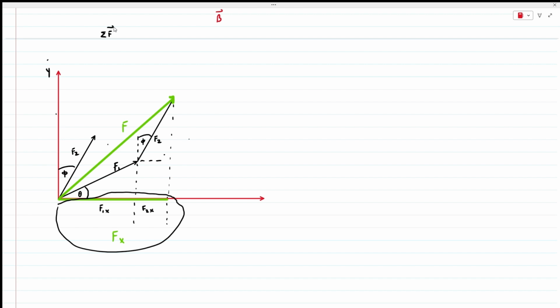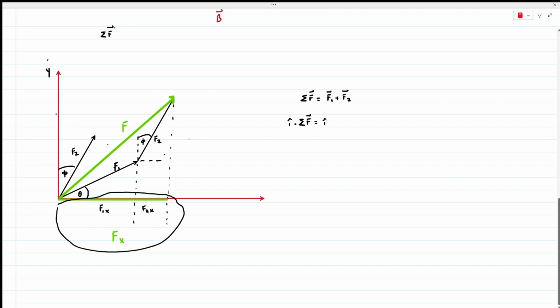If we write out exactly what we just said, the sum of the forces has to be equal to the sum of the vectors F1 and F2. What we spoke about just now is simply the equation only for the x-axis. Basically, we projected the equation in the i hat direction by taking its dot product with i hat.